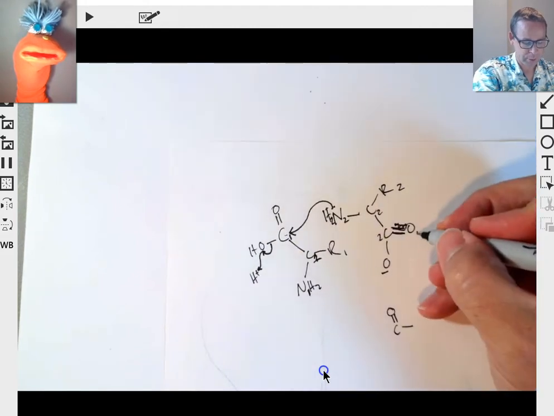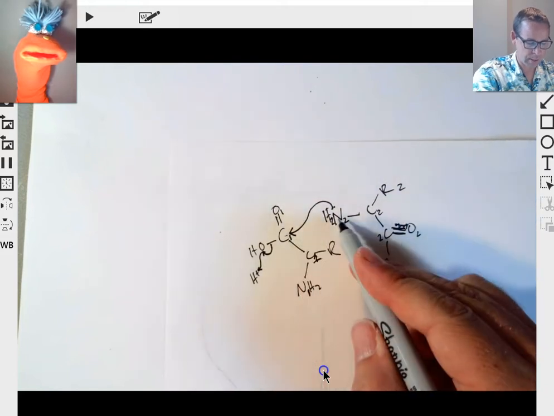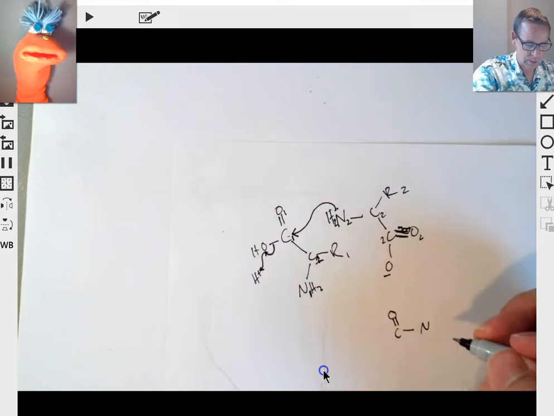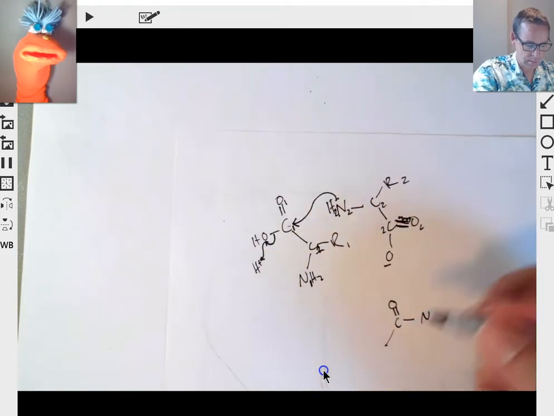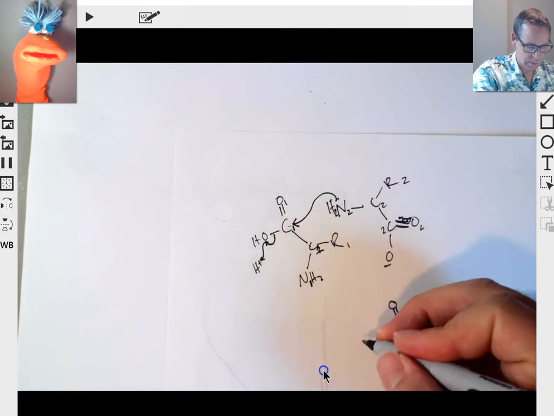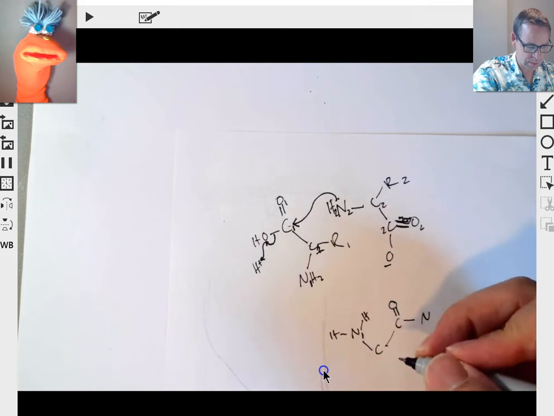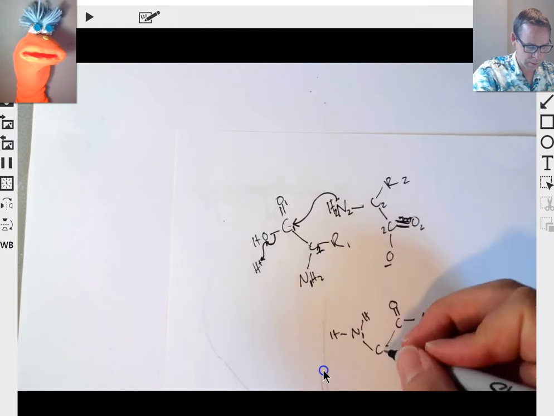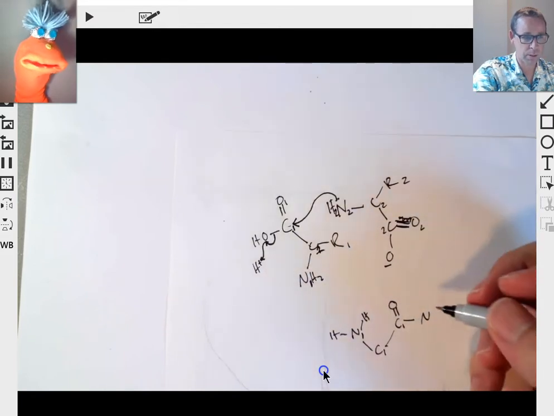So in the end, we're going to have this carbon now attached to a nitrogen, and this is going to be our other carbon here with the nitrogen. I'll draw these hydrogens out. This is nitrogen 1 now. This is carbon 1. This is the carboxylic acid carbon 1.